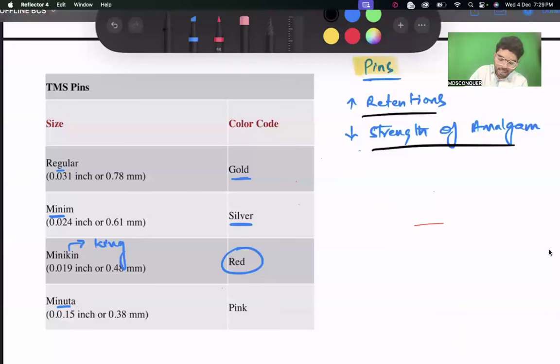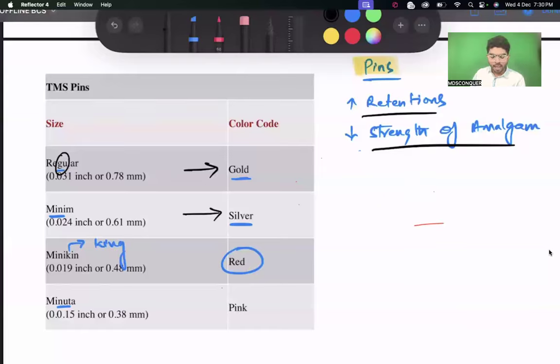One is regular, my code is regular. What do Indians wear regularly, whenever you go for marriages? Regularly, Indians wear gold. At minimum, what do they wear? Minimum we wear silver.